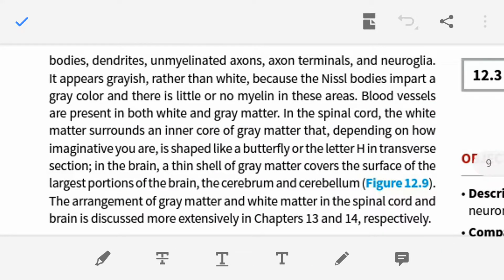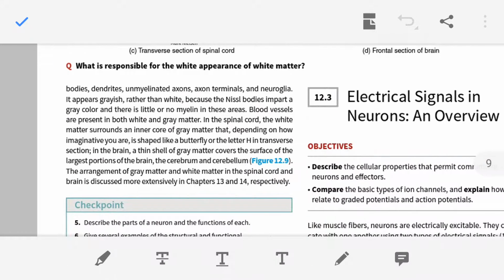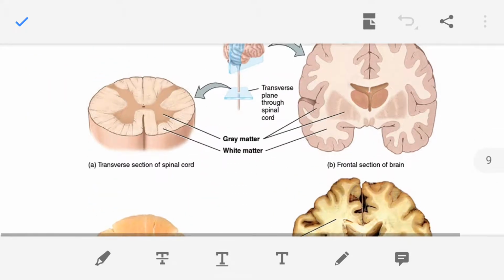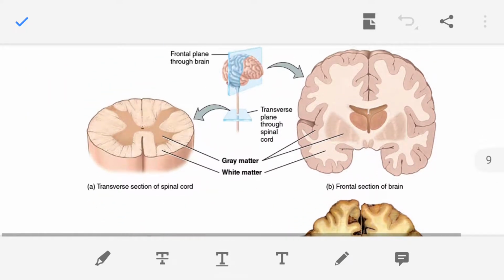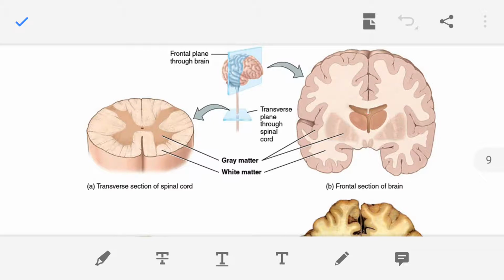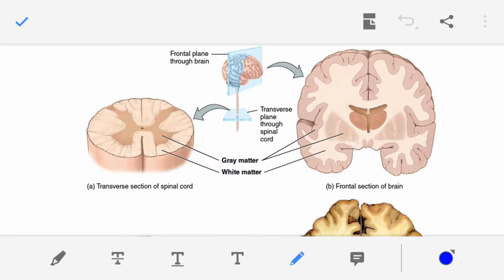Now here in this figure, you see the gray matter is present toward the outside, toward the periphery, and in the central part you can see the presence of white matter.